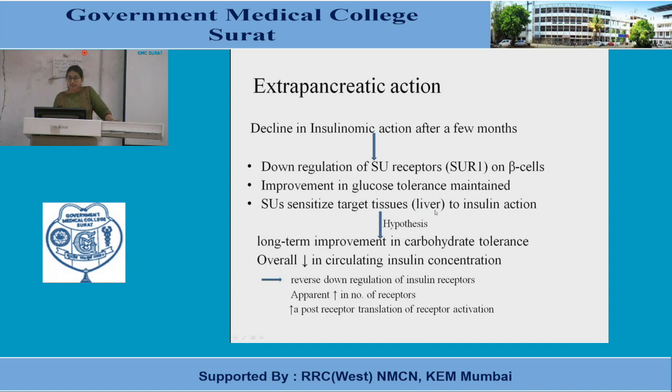So, the hypothesis is that sulfonylureas sensitize target tissues, here liver, to insulin action, and so there is long-term improvement in carbohydrate tolerance and there is overall decrease in the circulating insulin concentration. So, what they do is reverse the downregulation of insulin receptors. Apparently, there is an increase in the number of receptors and an increase in post-receptor transduction of receptor activation.